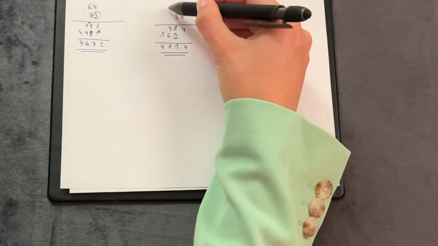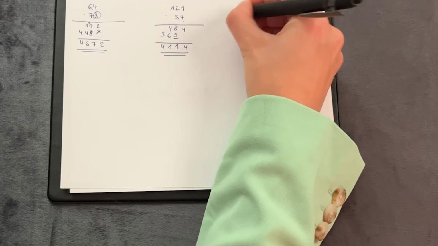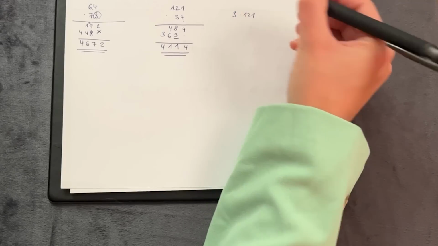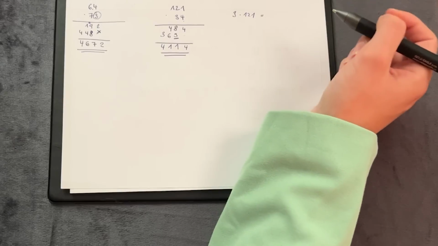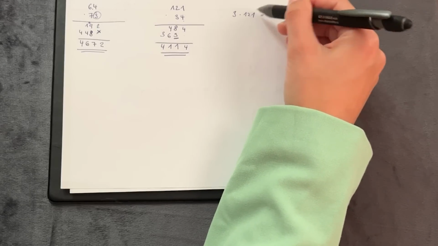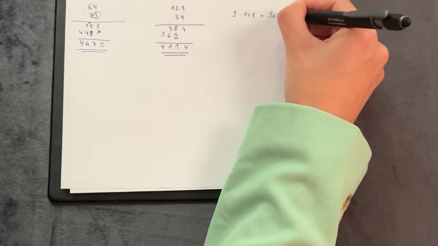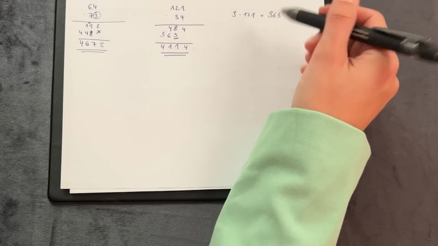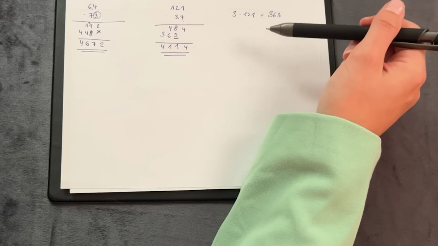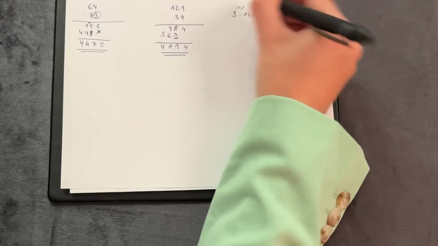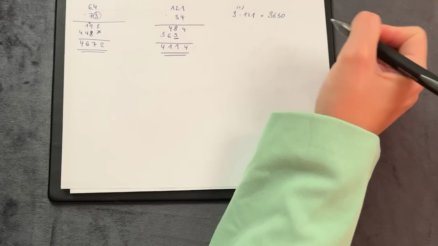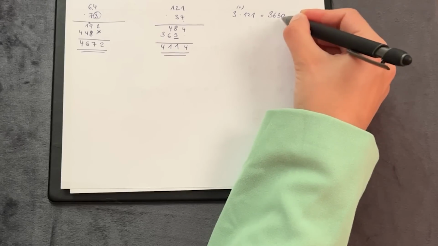Anything else? Let's try. This might be really hard to do from the top of your head, but if you want to, you could do 3 times 121, which is 363. Since it was basically 30 times, it would be 3,630.